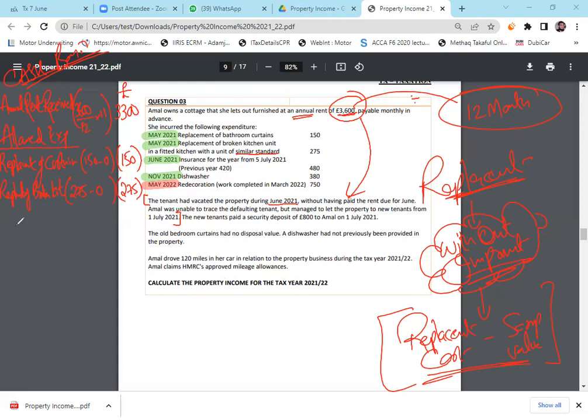Then insurance. There are two amounts of insurance given. One is for this year and one is for previous year. 420 and 480. Which are you going to take? Aren't we going to divide it from April to December? Please tell me which basis we are following. Cash basis.